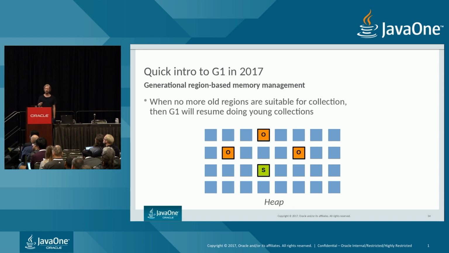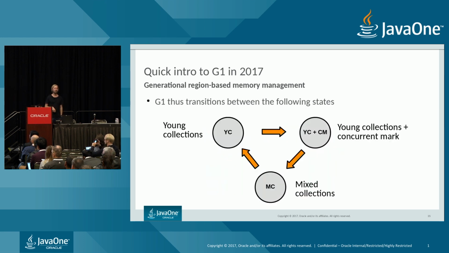And then, once there no longer are any old regions suitable for collection, for example, they might contain too many live objects, so it's not worth collecting them, G1 will once again resume doing young collections. Thus, G1 transitions between the following states. It starts out by doing young collections, which will copy objects into survivor regions and promote them to old regions.